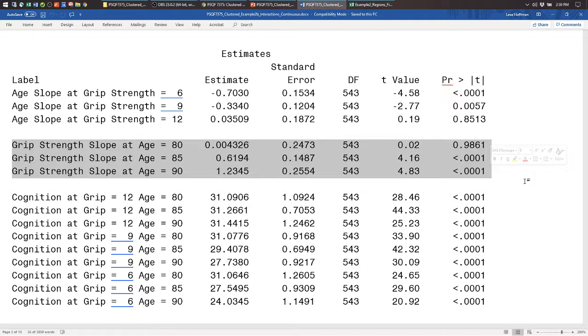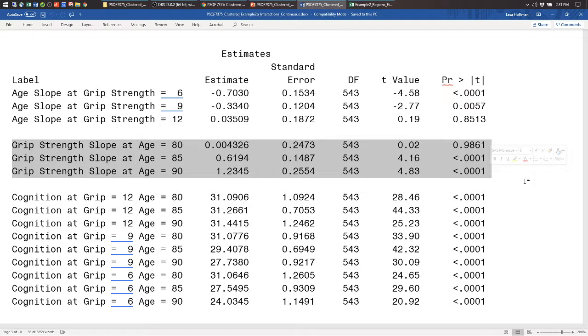So that is consistent with finding a significant effect at 85 and at 90. Anywhere older than 82, there is a positive effect of grip strength. Between 82 and 70, it's non-significant. And anywhere below 70, it's significantly negative. In this sample, we don't have anybody down there.